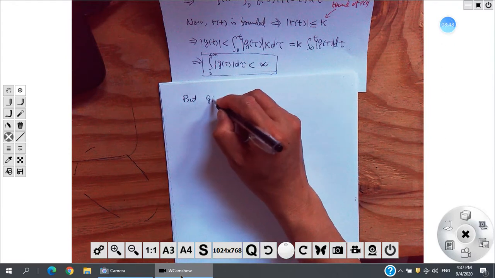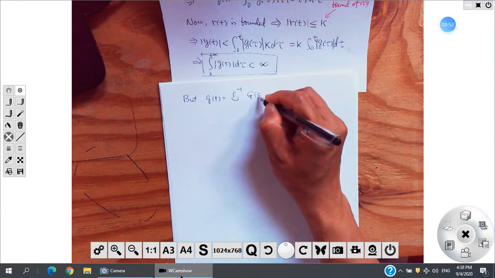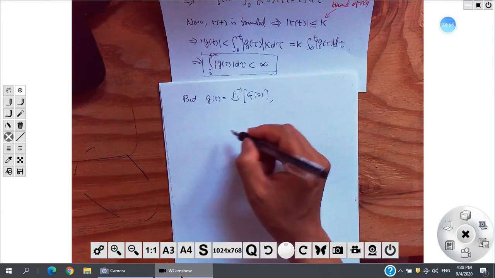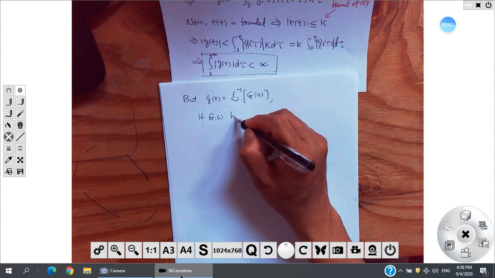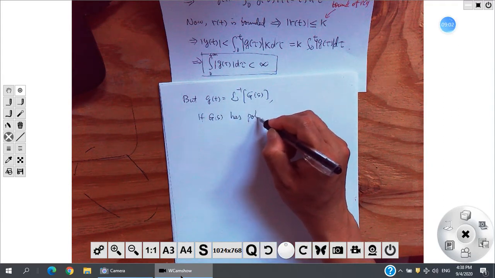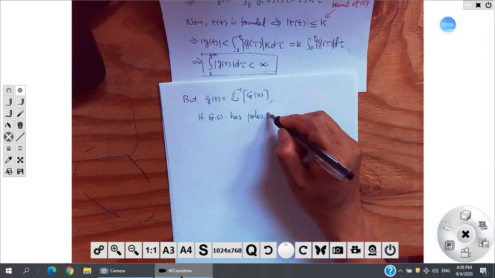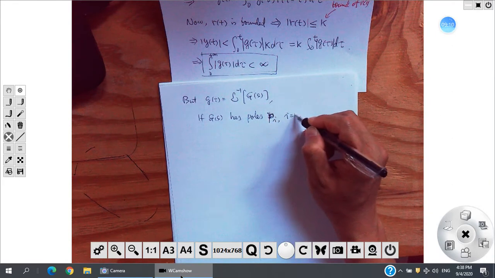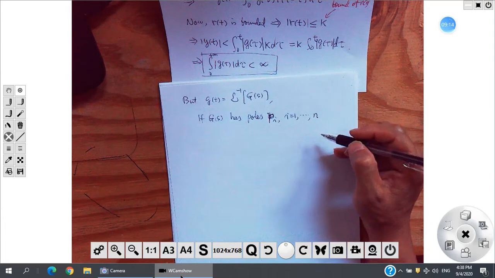G of t is the inverse Laplace transform of g of s. And if g of s has poles, I say poles, okay, just p_i, i running from 1 to some n. The n will be the order of the system.